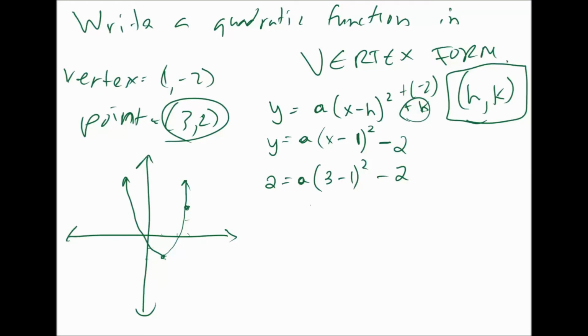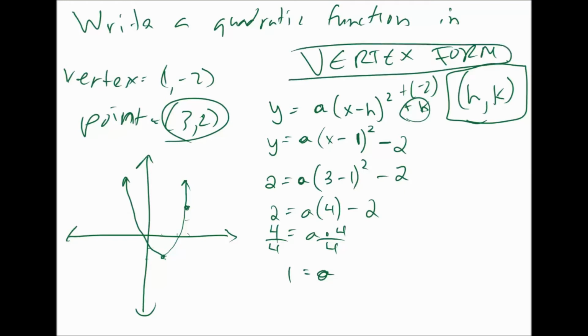We have to simplify this, so 2 equals a. That's 2 squared is 4, so a times 4 minus 2. Add the 2. A times 4, divide by 4. And a is equal to 1. Now, we can write out the equation in vertex form, which is y equals 1.